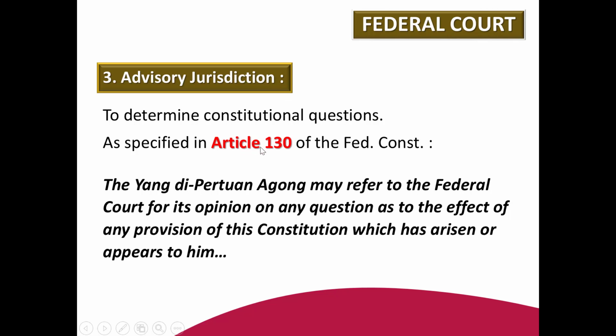By virtue of this Article 130, the Yang di-Pertuan Agong may refer to the federal court for its opinion any question as to the effect of any provision, berkaitan dengan penguatkuasaan sebarang peruntukan of the Constitution, which has arisen or appears to the Yang di-Pertuan Agong. This jurisdiction is only for the federal court by virtue of Article 130 of the Federal Constitution.